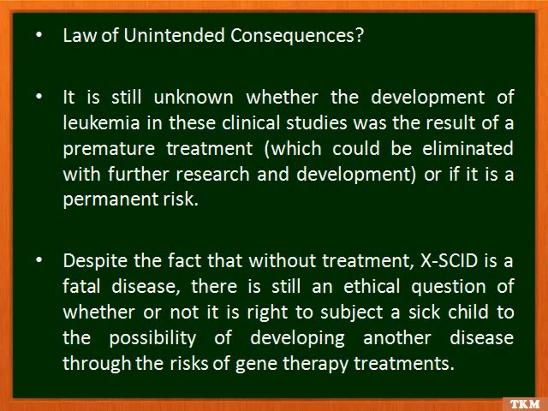Despite the fact that without treatment, X-SCID is a fatal disease, there is still an ethical question of whether or not it is right to subject a sick child to the possibility of developing another disease through the risk of gene therapy treatment. Though they were trying to treat X-SCID, that resulted in another disease that formed in those kids, that was leukemia.